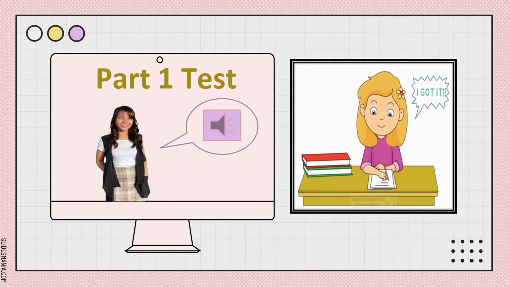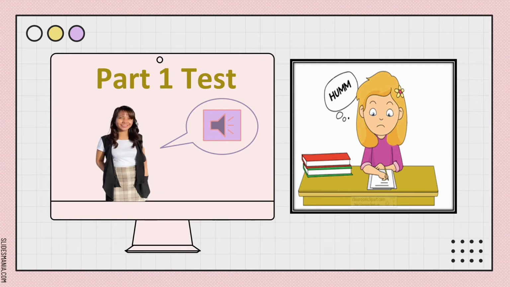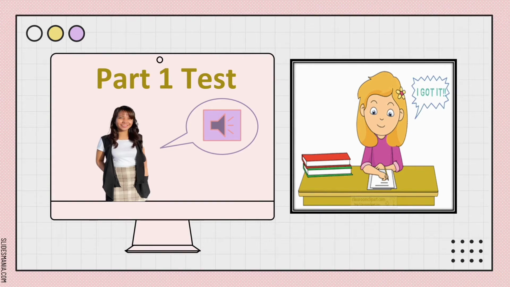Number 5, fraction. Number 6, greatest. Number 7, thousand.